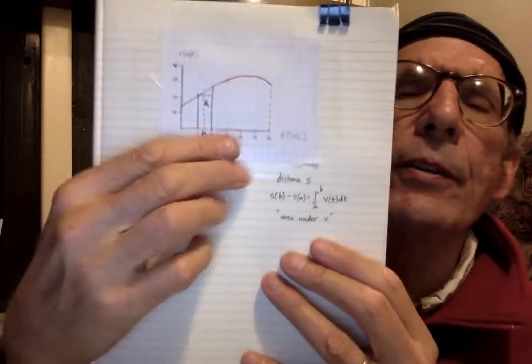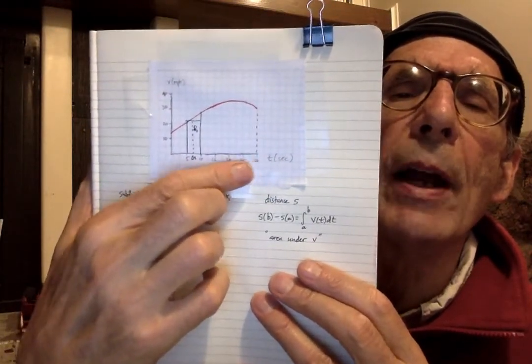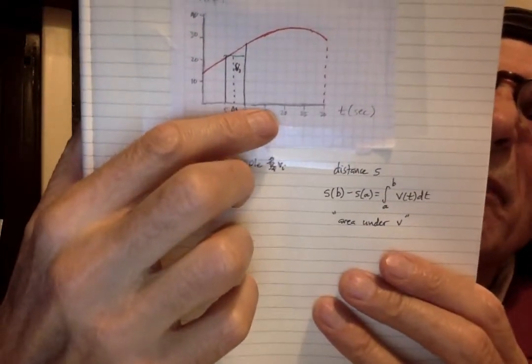The way I've drawn it, the base of any one of these squares is 2.5 seconds. I'll do this one up here. Based on the grid that I've drawn, it was 5 seconds for 2 squares, so 2.5 seconds.